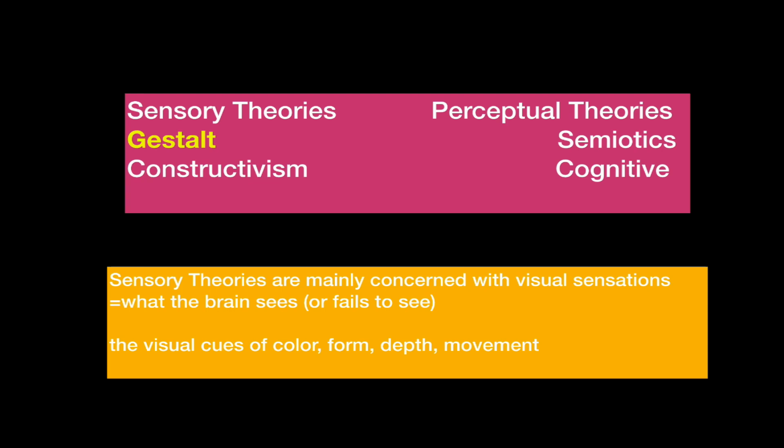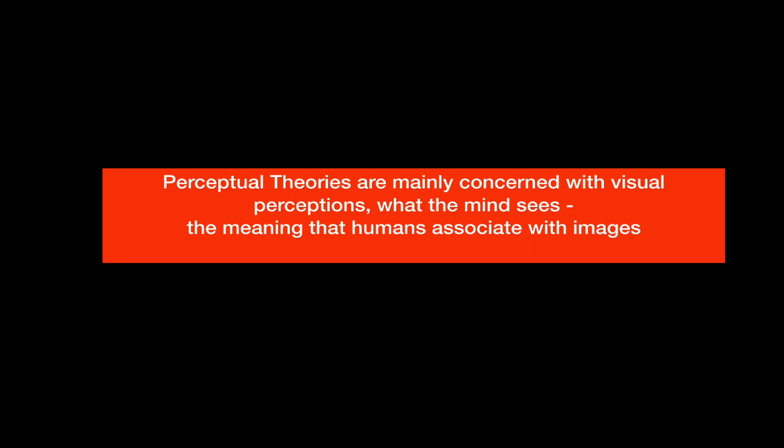So sensory theories are mainly ones where you're talking about visual stuff, what the brain sees or fails to see. Visual cues help us out with these: color, form, depth, movement. And of course, artists really like these things because this is kind of the things that we are using when we're talking about art. And then the next set is the perceptual.